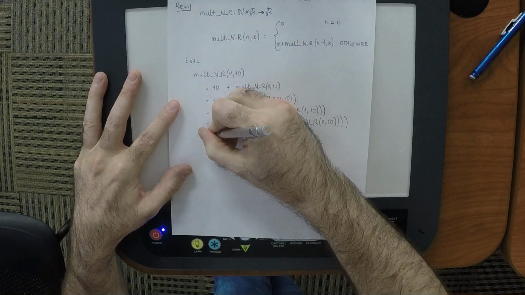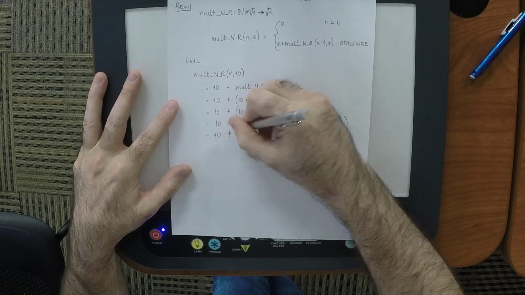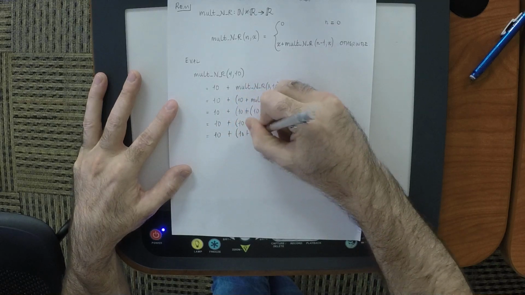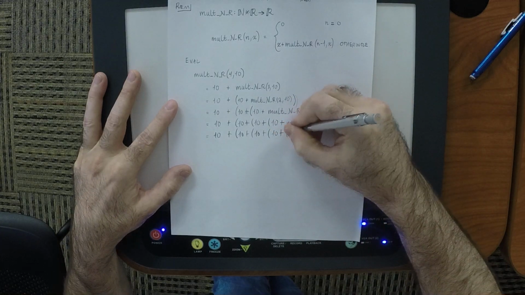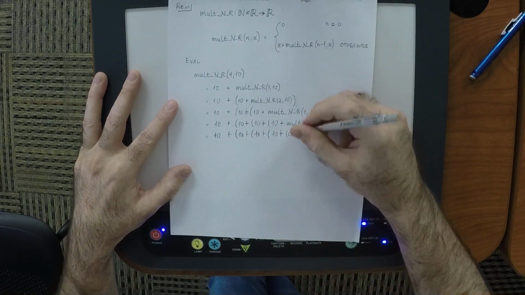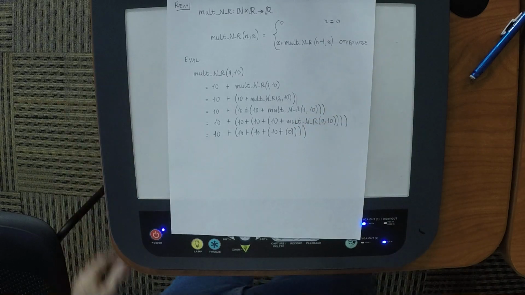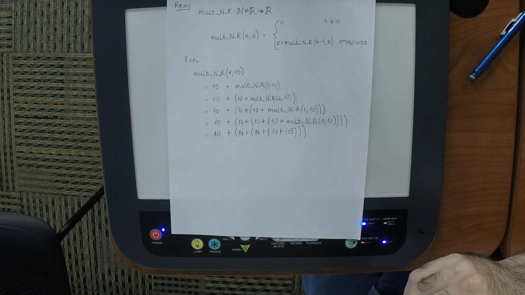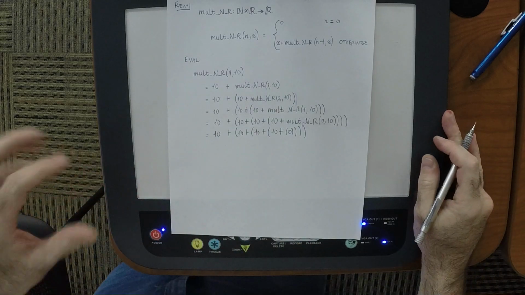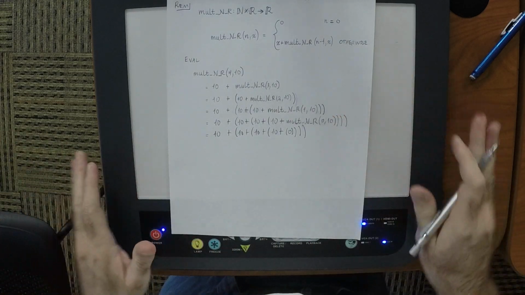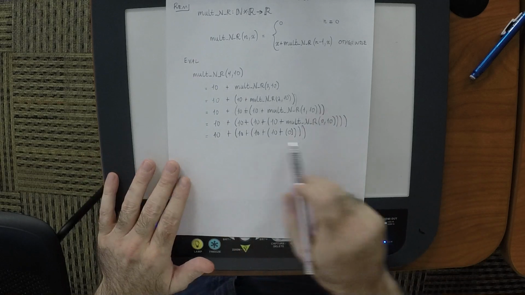And then finally, 10 plus 10 plus 10 plus 10 plus 0, close, close, close. Okay, now, addition is associative, which means that more or less we can just delete all those parentheses. So is that in fact 40?